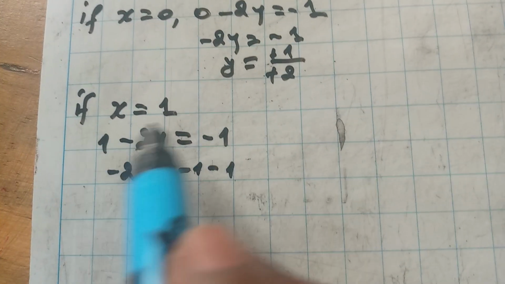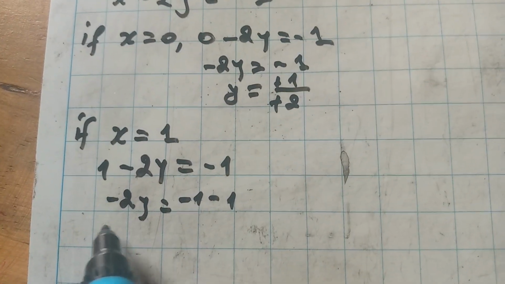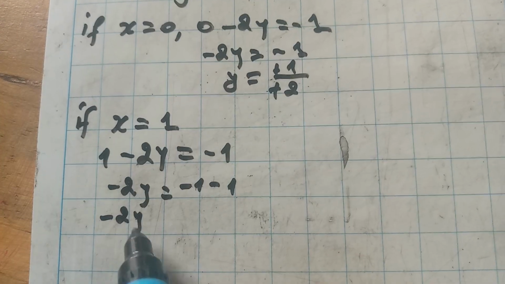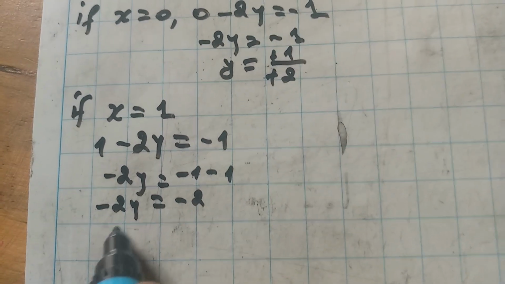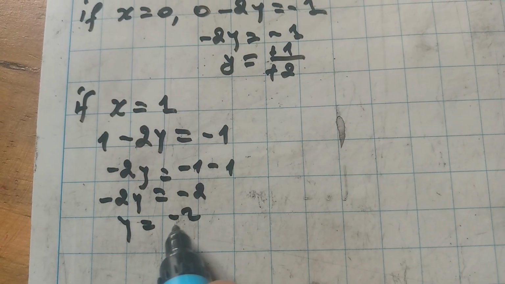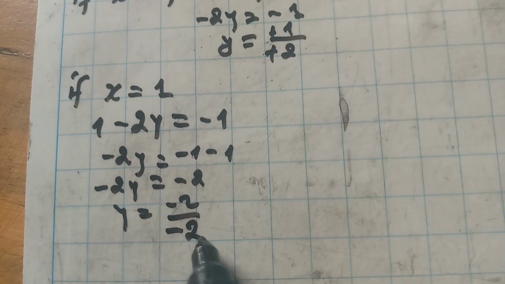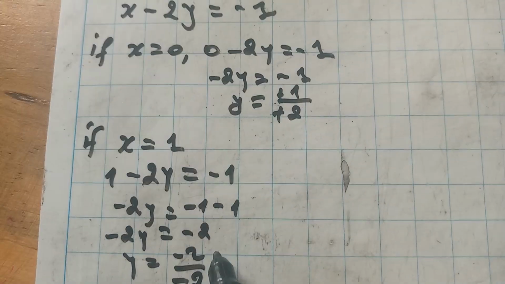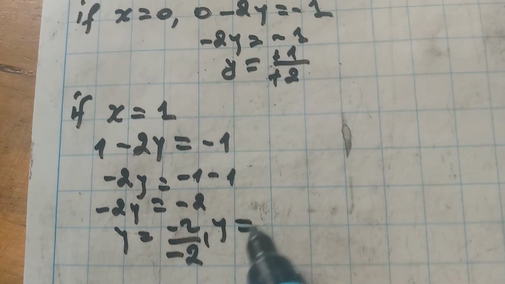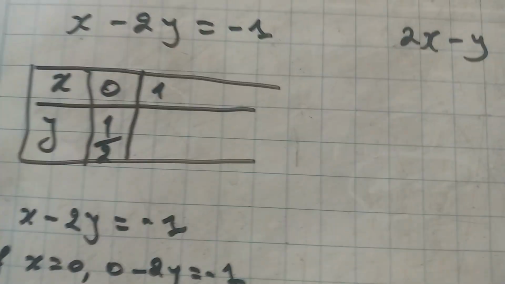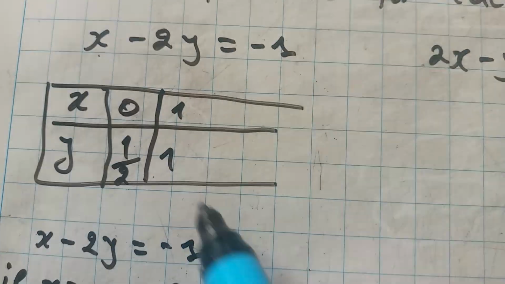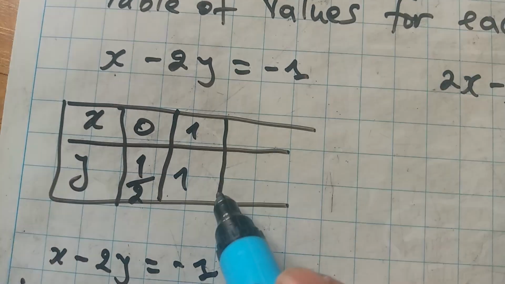This negative is changing the side, so my negative 2y is equal to negative 2, then my y will be negative 2 divided by negative 2, where y is equal to 1.